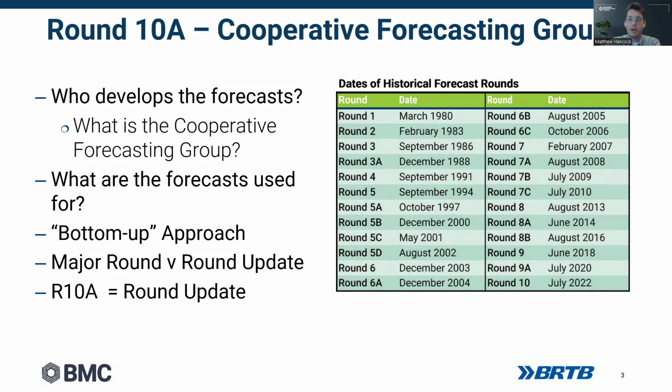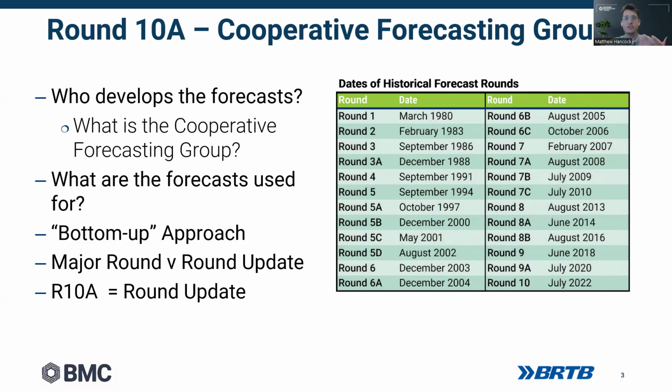This was largely brought on by the extension of our LRTP out to 2055 and requiring that we extend our forecast out to 2055 as well, where the previous round 10 was only extended out to 2050. We have still maintained the same base year of 2020. We have just extended the horizon year to 2055.